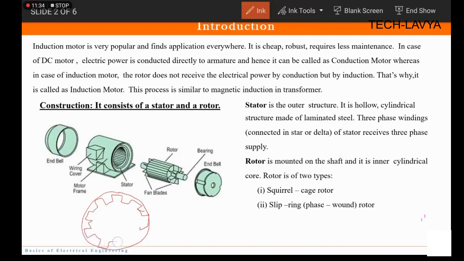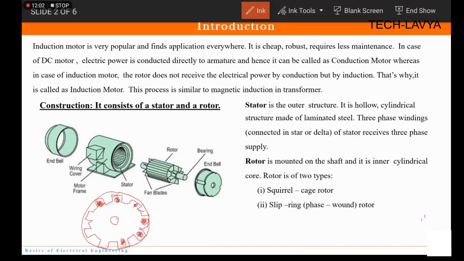In between these stampings, three-phase windings are placed. This is the center shaft. So these are the stampings where coils or windings are placed in between these slots.